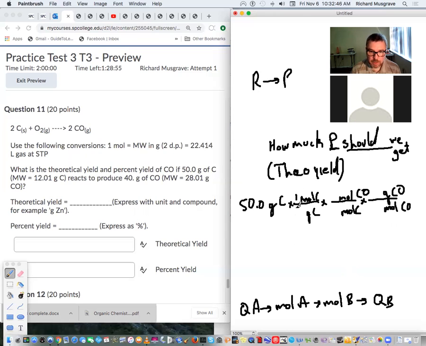Then we do our relationships, 1 mole, 12.01 grams of C. And the relationship between moles of CO and moles of C is 2 to 2. So 2 moles of C, 2 moles of CO from the reaction. And then 28.01 grams and 1 mole.